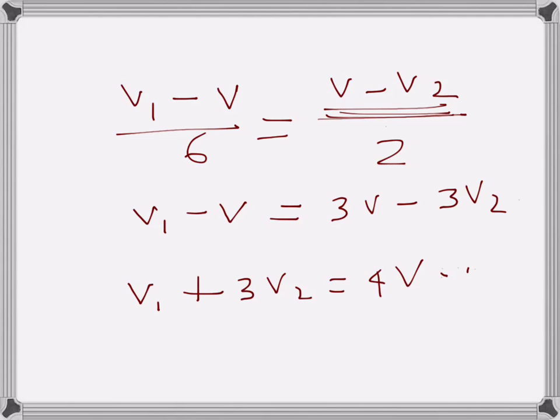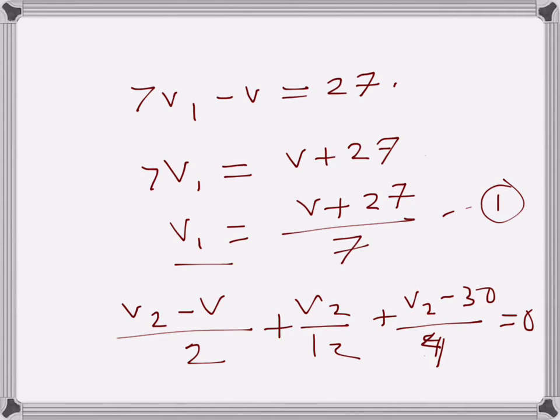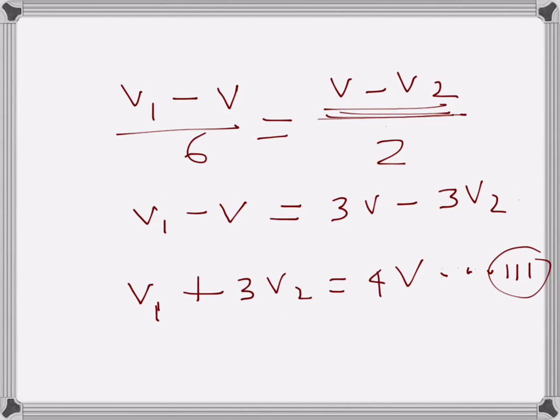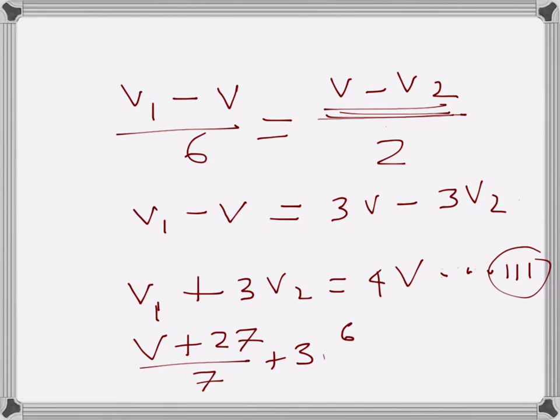So let's call this equation 3, and then in this equation I will substitute V1 and V2 by V. V1 and V2 I have found previously, so V1 is V plus 27 over 7, plus 3 times V2, which is 6V plus 90 over 10, and this is 4V here.